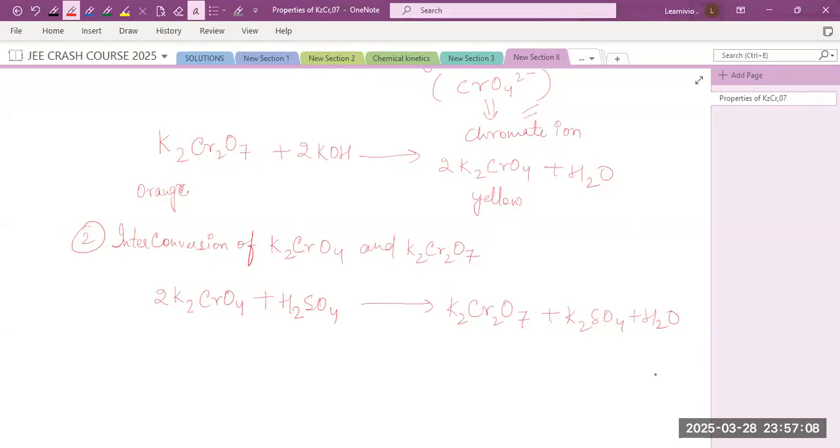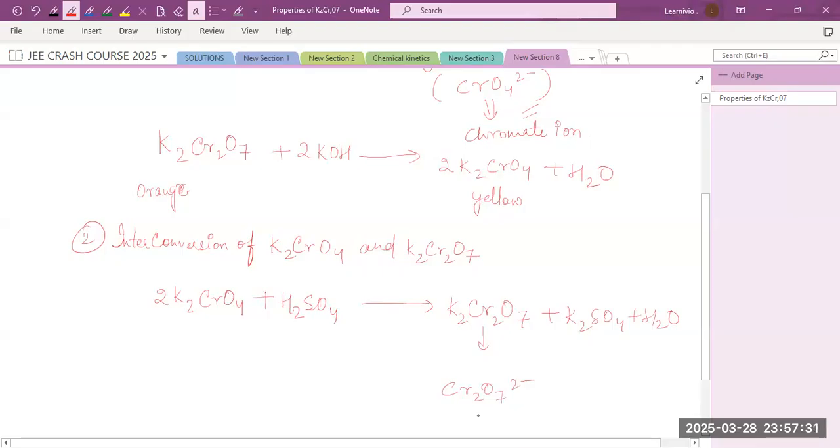Okay. So what is the reason for the interconversion? In the dichromate solution, the orange red is the Cr2O7 2 minus ion, right?